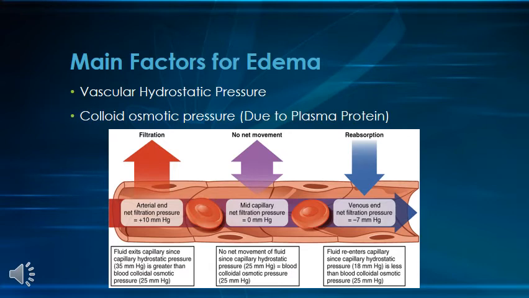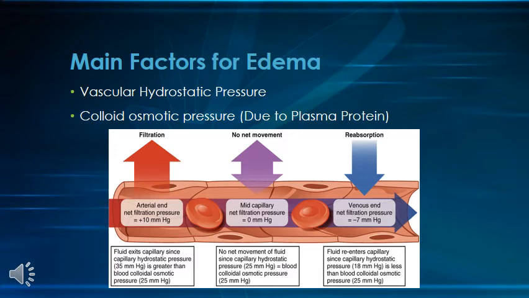If, for any reason, hydrostatic pressure increases much higher but osmotic pressure remains the same, it will cause severe accumulation of interstitial fluid in the interstitial spaces. It will cause edema. Or if sometimes osmotic pressure is decreased due to decreased protein level in the body, the osmotic pressure in the blood vessel is decreased, then reabsorption will be slow, or hard.